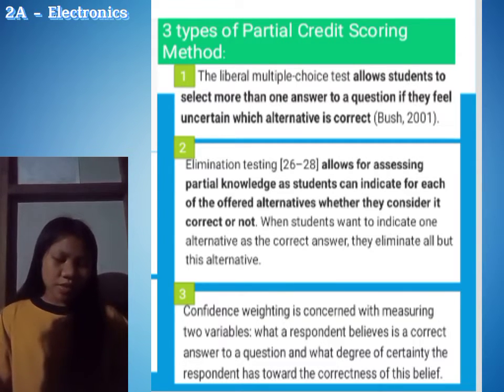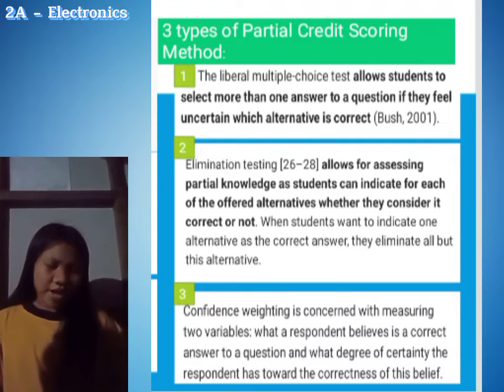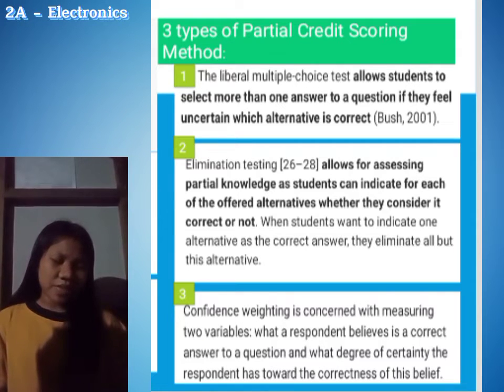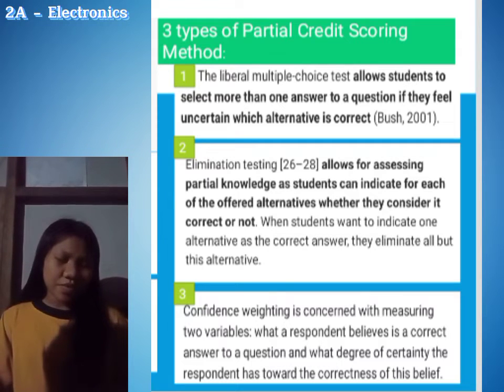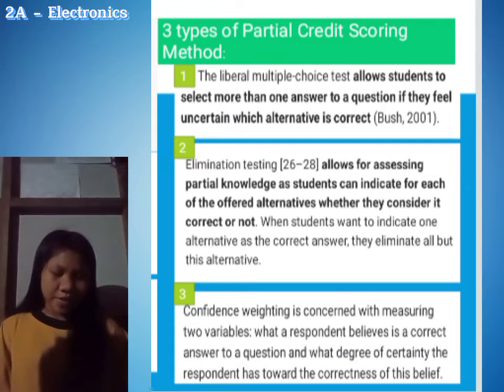When students want to indicate one alternative as the correct answer, they eliminate all but this alternative. Confidence weighting is concerned with measuring 2 variables: what is answered to a question and what degree of certainty the respondent has toward the correctness of this belief.